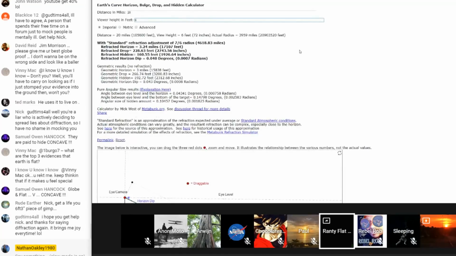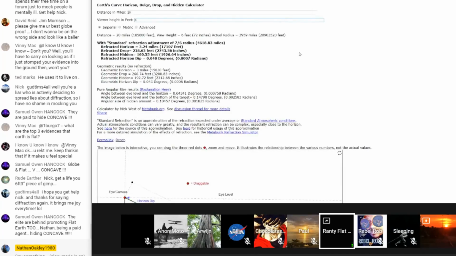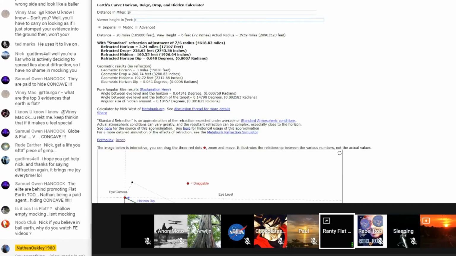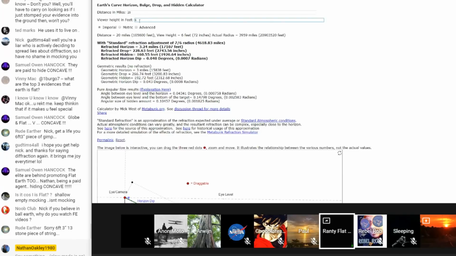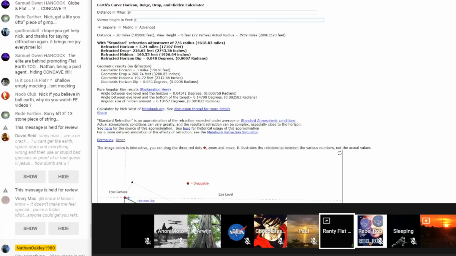Well, just one last thing, I just want to show you what effect that would have on the curve calculator, which is quite important, because very often the Globers will always say that falls into standard refraction, it's not a problem, because what people will quote is their height next to the water with their toes touching the water and given a height above sea level. So if they're given a 6 foot height above sea level, distance 20 miles, let's just go for geometric hidden, because 192 feet hidden, right?